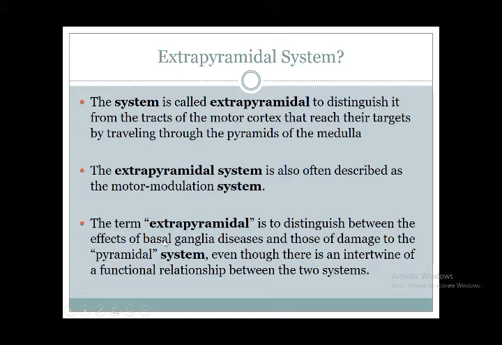Maybe there is a problem in maintaining movements, with extra or involuntary movements, for example tremor and chorea, resulting from dysfunction in the extrapyramidal system. So there is basically a difference in the presentation of extrapyramidal from pyramidal system disorders.